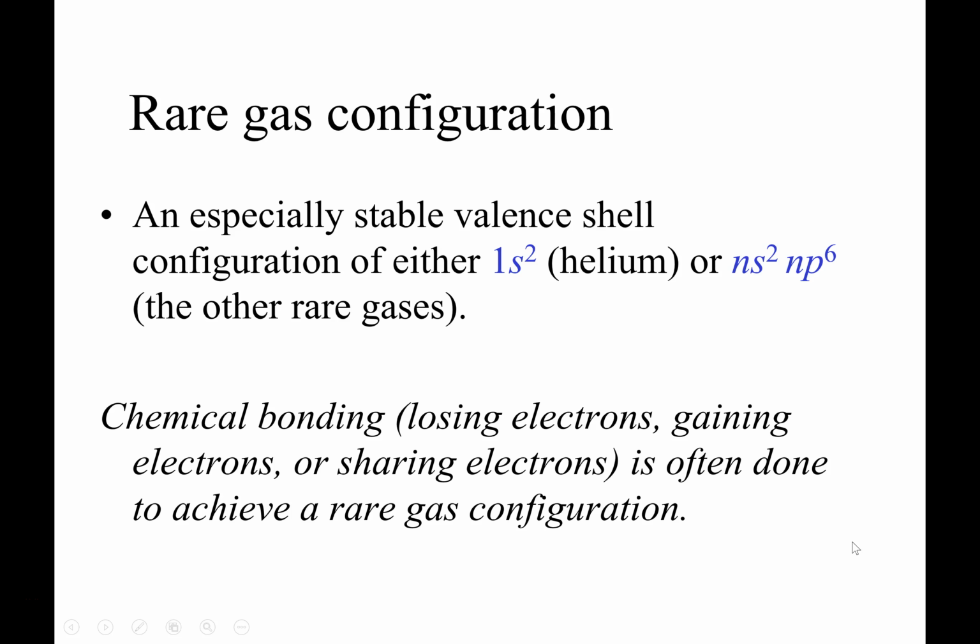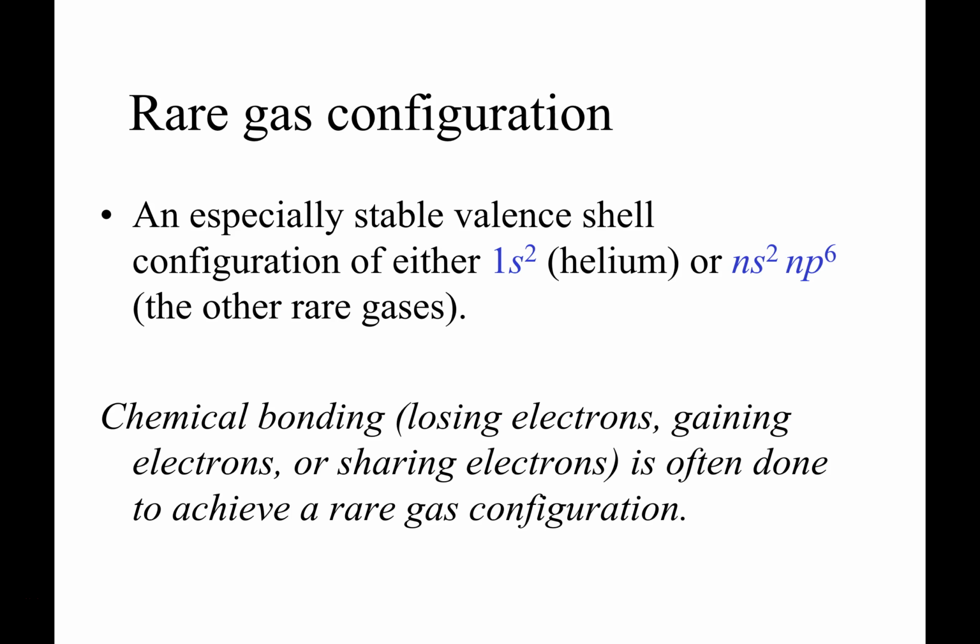All right. So just to wrap up this topic of electron configuration. At the end of each period is a rare gas. And elements want to get that rare gas configuration.